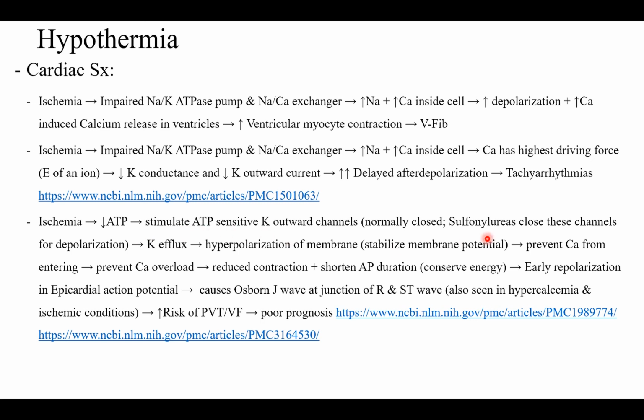These are the same ATP-sensitive potassium channels that are the targets of sulfonylureas used in diabetic medications. That's something you want to keep in mind, because sulfonylureas close these channels for depolarization, and that's how they cause the release of insulin in the body.